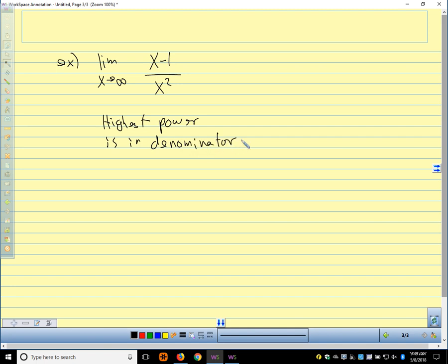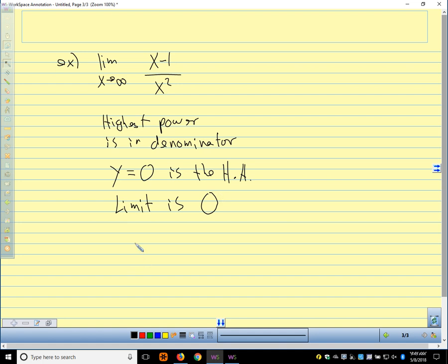So for our horizontal asymptote rules, when the highest power was in the denominator, what did we say was a horizontal asymptote? Y equals 0. I'm just going to write HA. So the limit is 0. As x gets really, really big, this function gets close to 0.